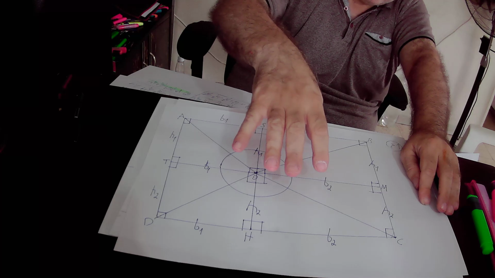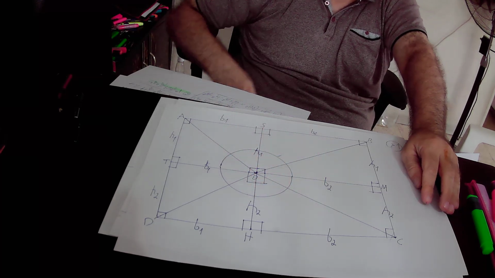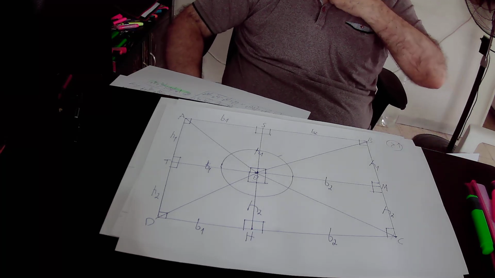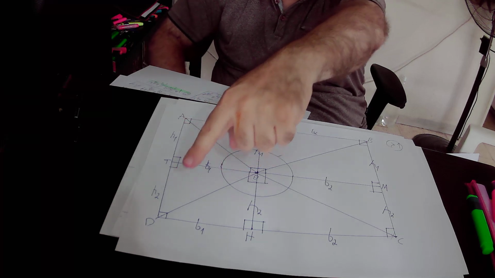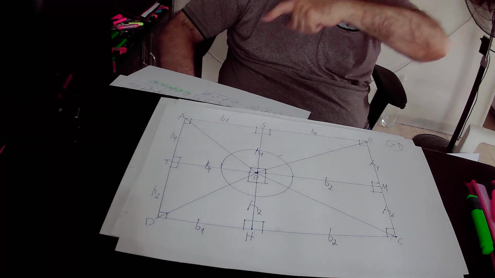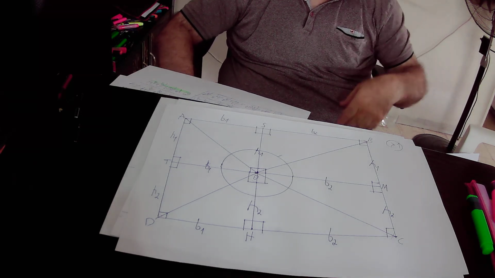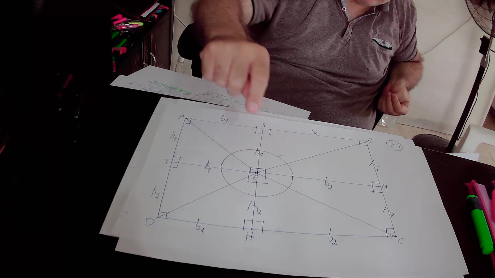So inside rectangle ABCD, we have 4 small rectangles. Okay, and then we define side AT as H1, side TD as H2, side AS as B1, and side SB as B2. Then we focus on rectangle ASOT.